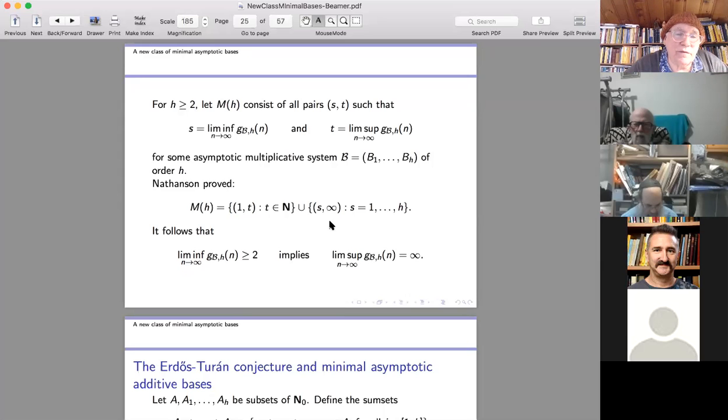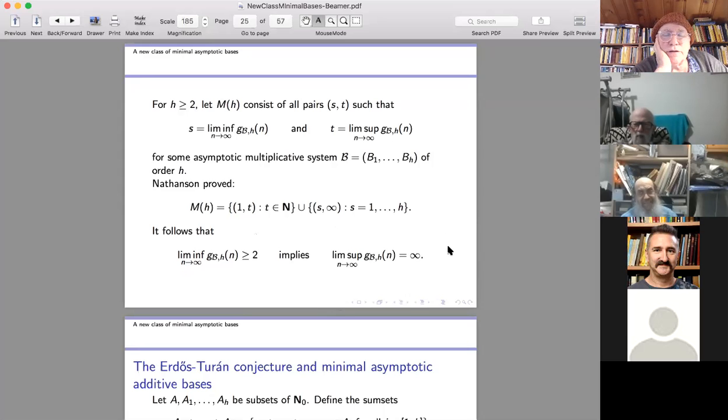And it follows from this that if the lim inf of this representation function is at least 2, that is, if every integer from some point on has at least 2 representations, then the representation function is unbounded. So this is a pretty example of that sort of general problem I stated at the beginning. In this case, we have a set of equations.